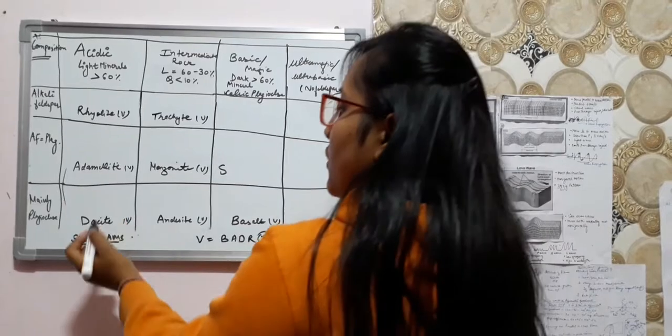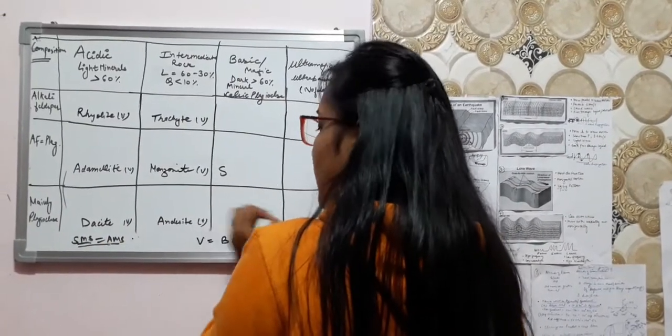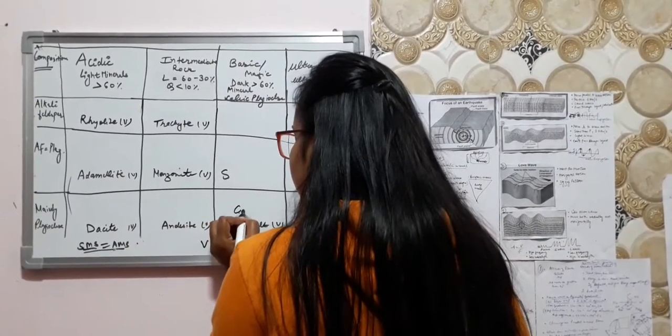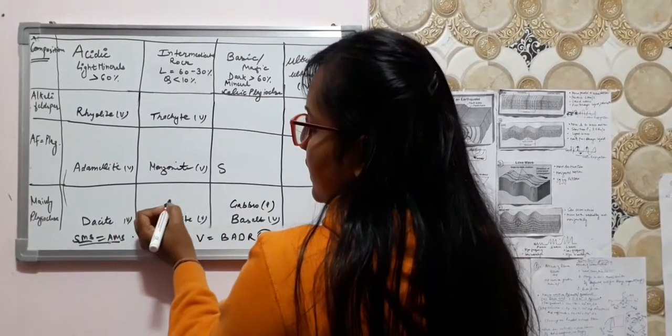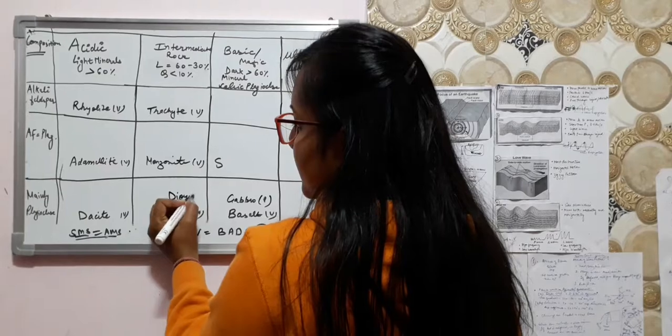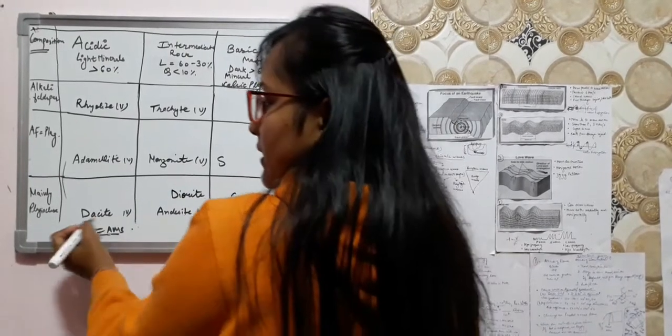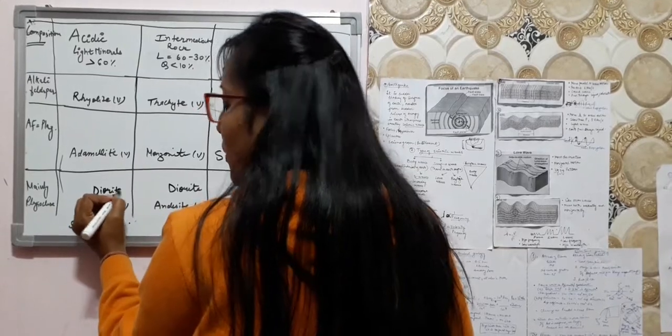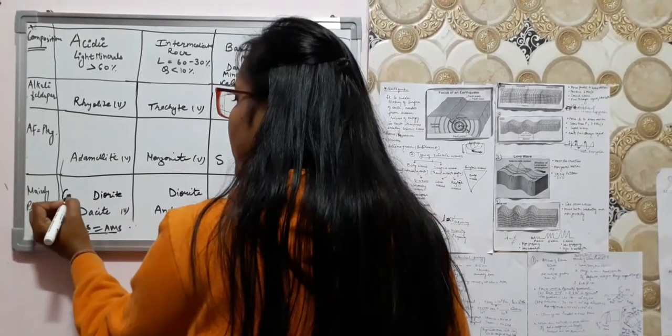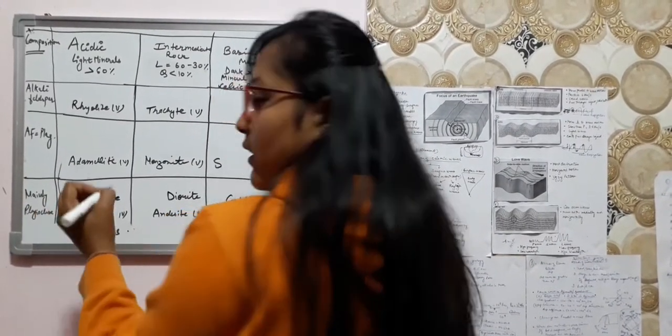Okay, now for basalt, the plutonic equivalent is gabbro. For andesite, it is diorite. For dacite, it is also diorite, only you have to add grano in front of it, so it is granodiorite.